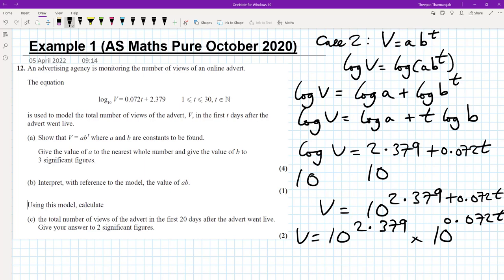So 10 to the power of 2.379 will give me 239, correct to 3 significant figures, and 10 to the power of 0.072 will give me 1.18, correct to 3 significant figures, raised to the power of t. So now I've got my equation in the form they want.